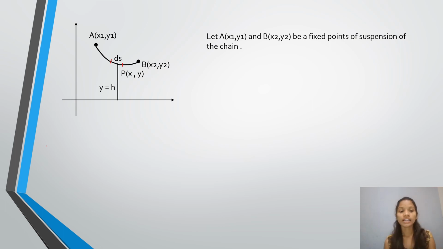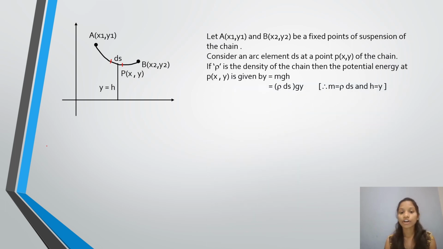This is the diagram of our problem, where point A and point B are the two fixed points, and let P of (x, y) be some particular point. Then y is the height from that point to the x-axis.